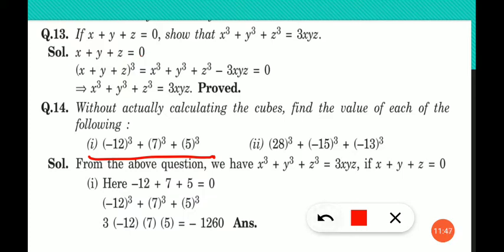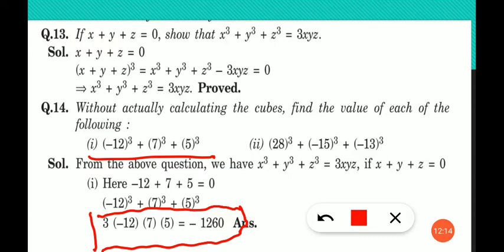Then we get that x cube plus y cube plus z cube is equal to 3xyz, which means minus 12 cube plus 7 cube plus 5 cube is equal to 3 into minus 12 into 7 into 5, which is equal to minus 1260.